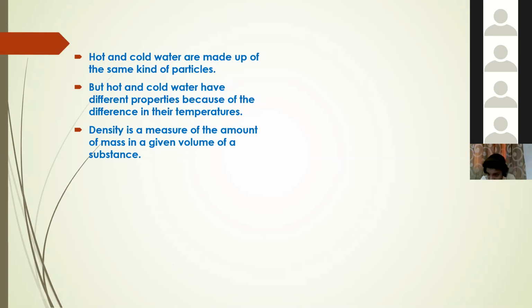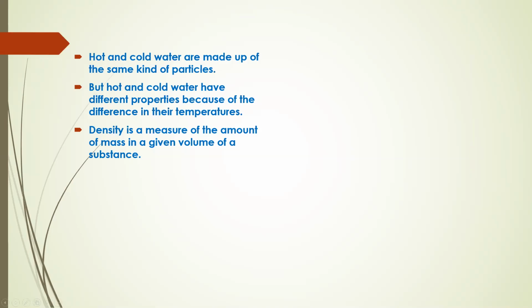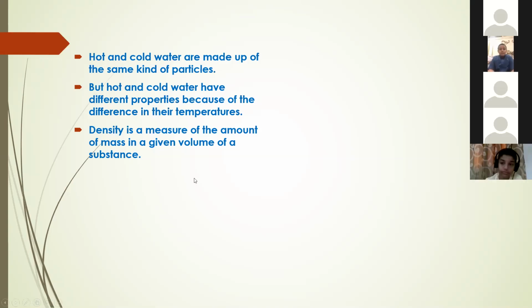So if you have warm water and cold water, you can see that the warm water will move faster because the particles are evenly distributed. They are not compacted together. So you'll be able to see them, and we are going to look at that.